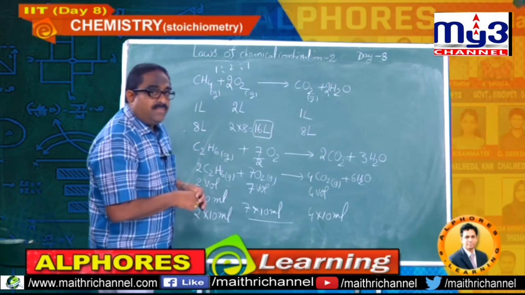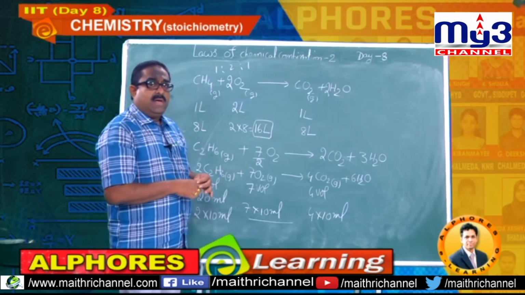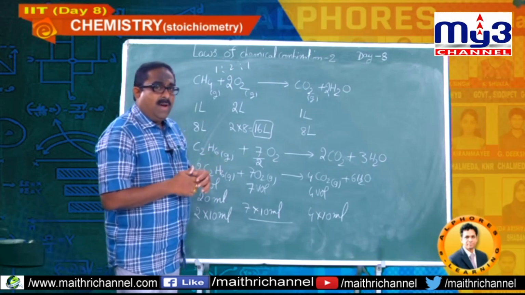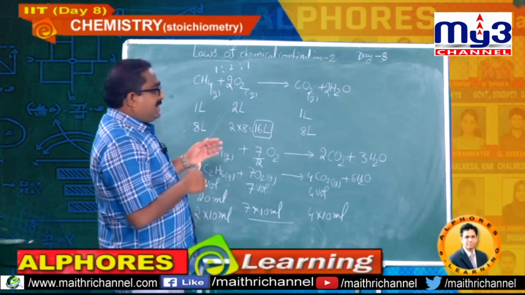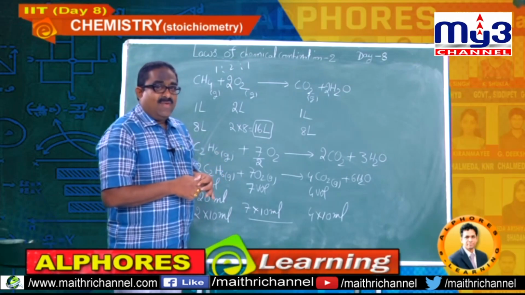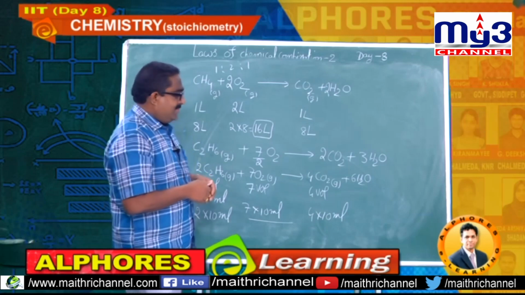Okay, students, I am going to conclude this session here, and in the next session we will go to the next concept of stoichiometry, that is empirical and molecular formulae. Thank you.